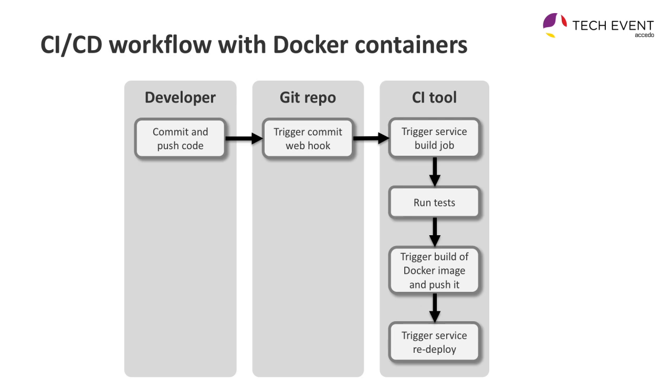It then performs different operations: it builds your service, and then runs some tests. Then it builds a Docker image and pushes it to the Docker repo, and if everything goes successfully, it redeploys your service to the respective environment, like dev, QA, or prod. This last step can be either automated, or you can just press a button whenever you want to deploy, more specifically for production. Sometimes you still don't want it automated.